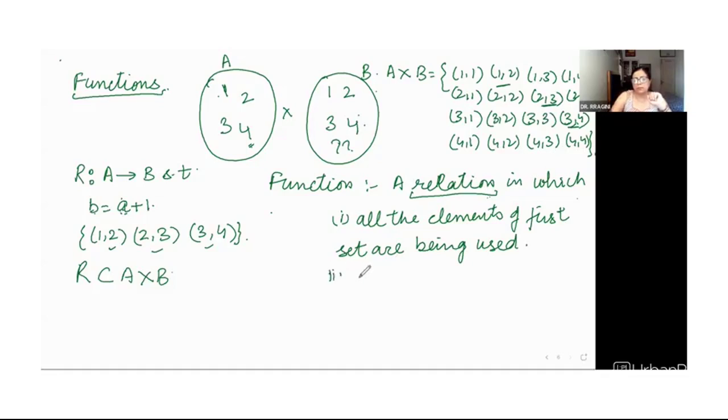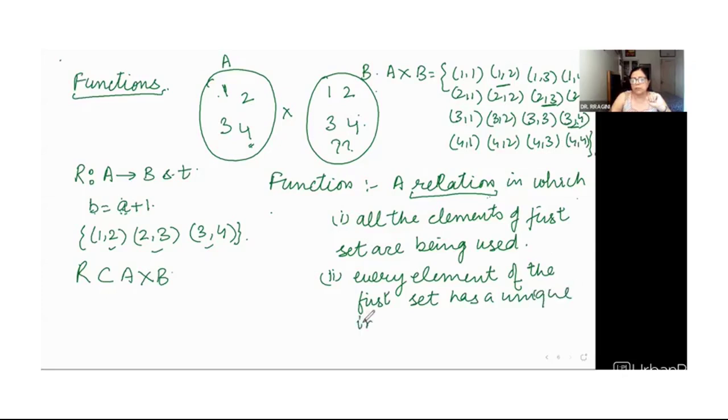And the second property is every element of the first set has a unique image in the second set.